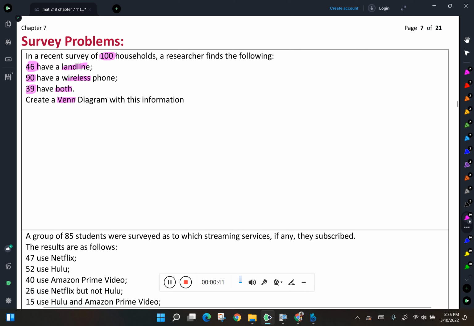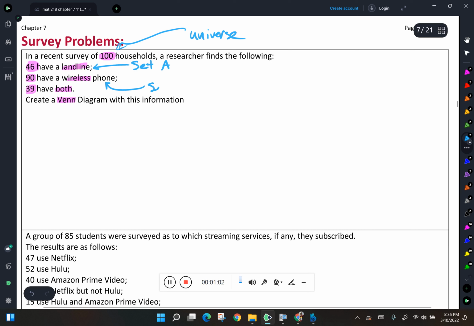All right, so it looks like what we've got going on here is we have a universe of 100 people, and then we have a set of people, and I'm just going to call it A, that have a landline. We have a set of people, I'm going to call that B, that have a wireless phone, and then I'm supposed to make a Venn diagram.